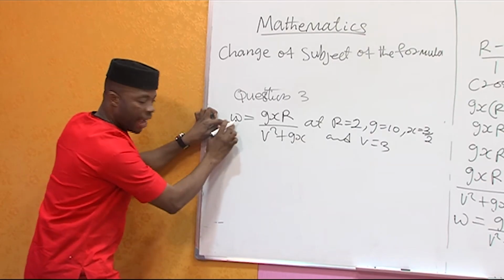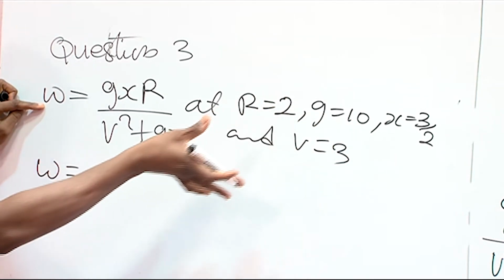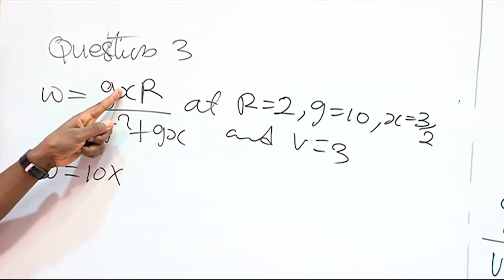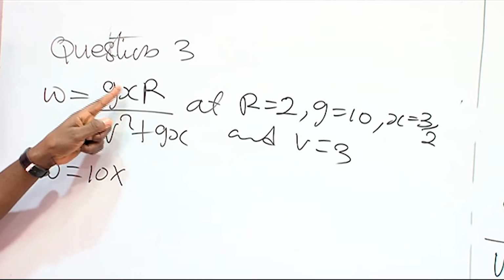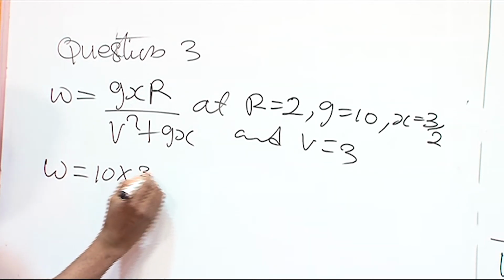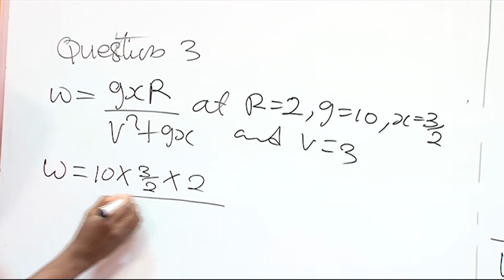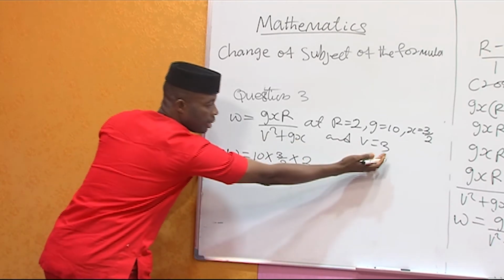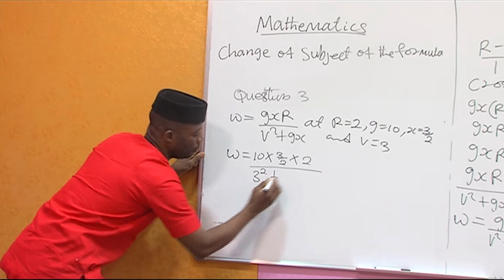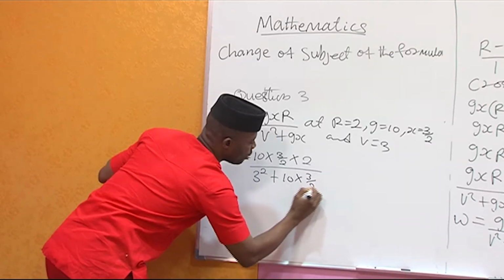Now we have to find W. G is 10. This is the sign of multiplication, there is no minus, there is no plus. So S is given as 3 over 2 times R is 2, all divided by V, which is 3, because of the square, you square it, plus G is 10 times S is 3 over 2.